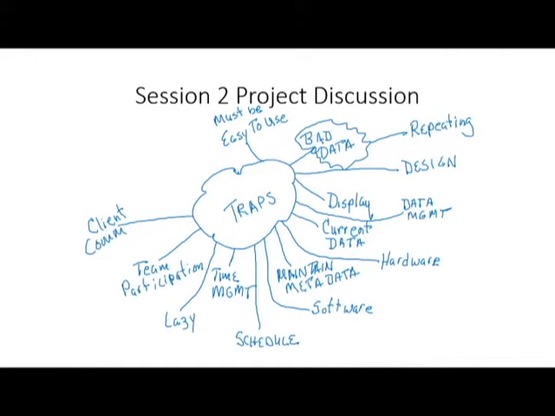Did anybody pick it up? Client involvement, what can make change. Okay. What else? Think about the client. Where else might we have a problem with the client? Turnover, yeah.